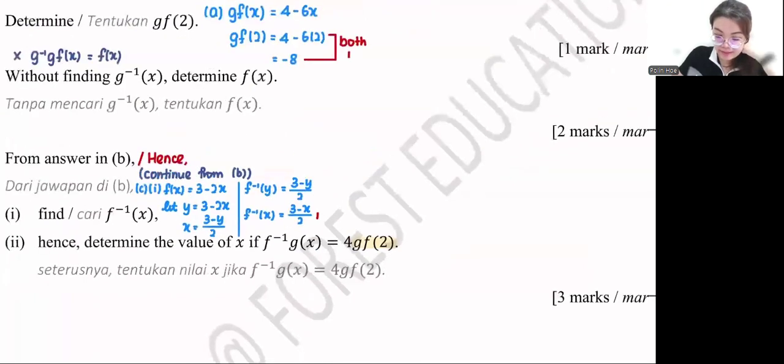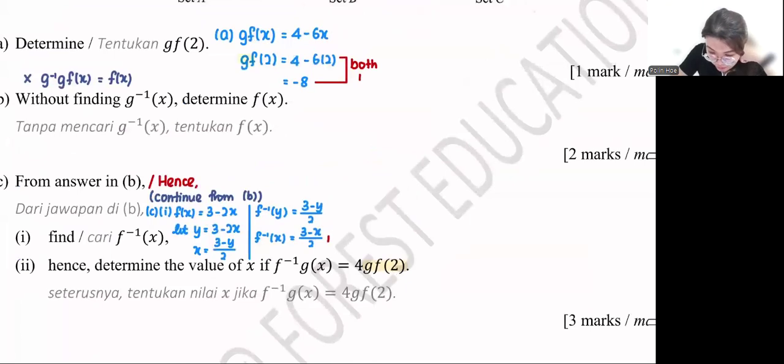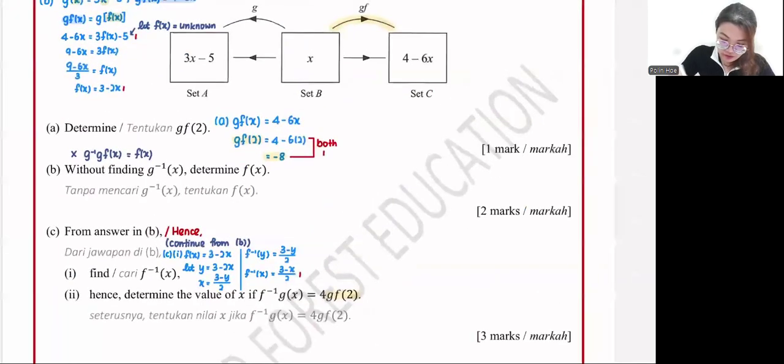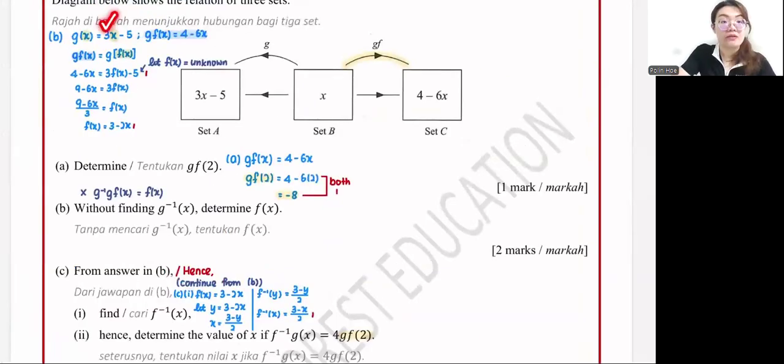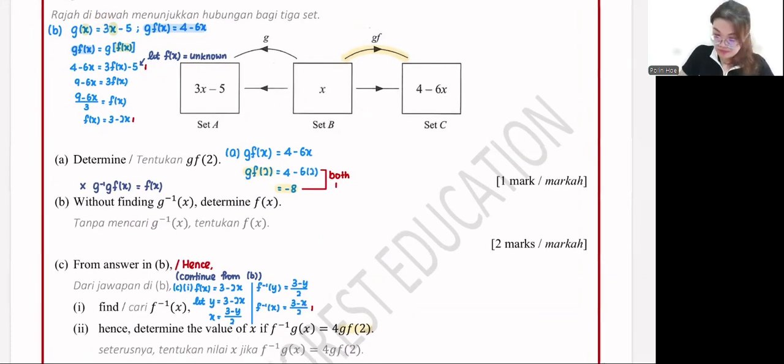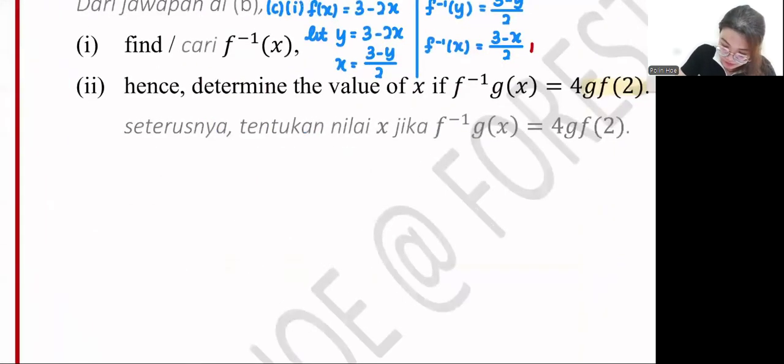You go back to part A, gf(2) equals to negative 8. So later you are going to substitute this. Composite function. You are going to find out what is f inverse g(x). Is it difficult? No. You have f inverse x. You have your g(x). So C part 2.